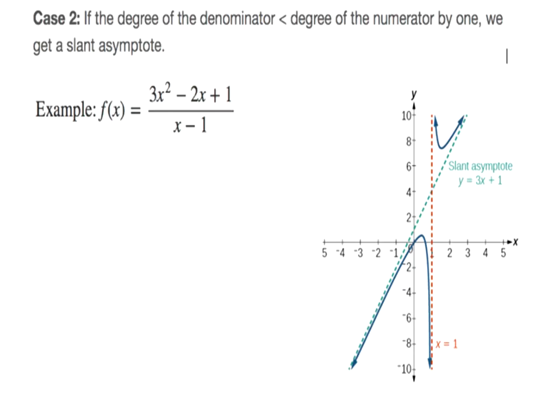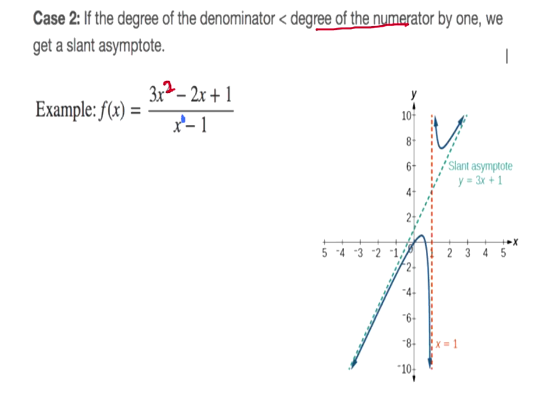Okay, another situation that we could have. We could have the situation where the degree of the numerator is greater than the degree of the denominator. So the exact opposite.